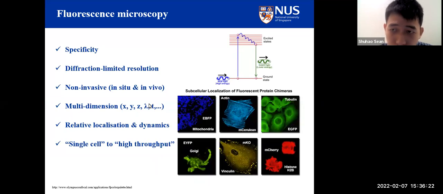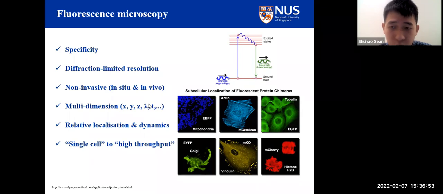Our technique is based on fluorescence microscopy, which is the most commonly used in biological studies because of its high resolution and high specificity. The diffraction limit resolution makes it able to visualize microstructures down to the cellular or subcellular level. The use of fluorescent properties to analyze composition helps us observe the specific components we want.